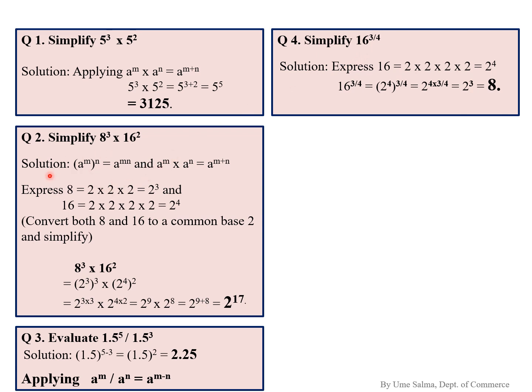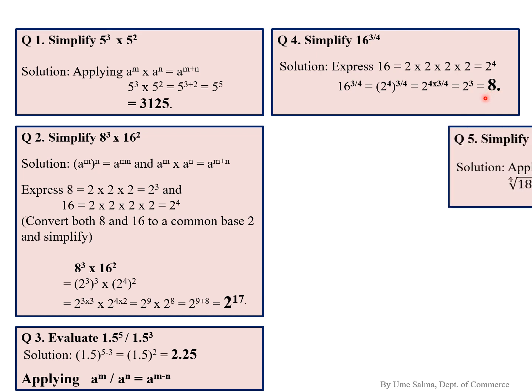So here substitution done. 16 is written as 2 to the power 4 whole to the power 3 by 4. As you can see, a to the power m whole to the power n should be written as a to the power m into n. Take the product of these two exponents. Here 4 and 4 get cancelled as it is multiplication, and you will land up with 2 to the power 3, which is nothing but 8.